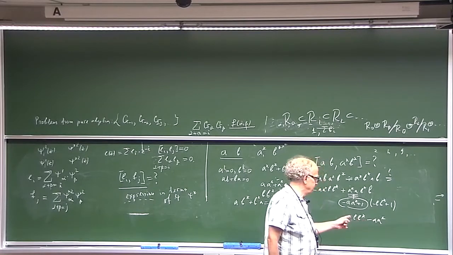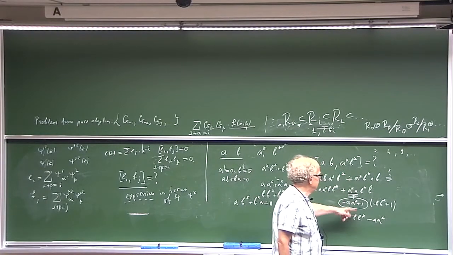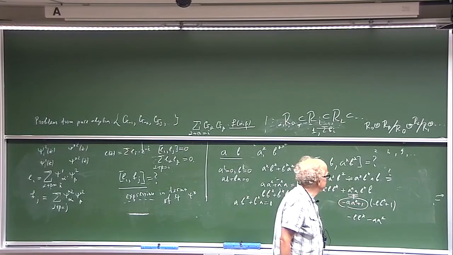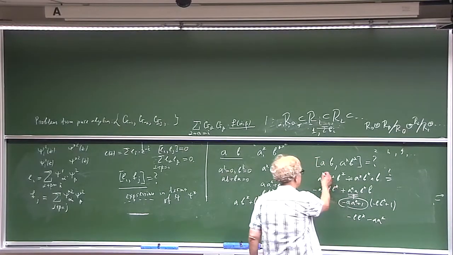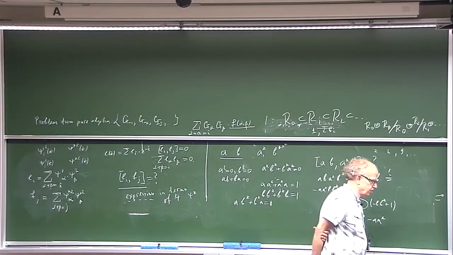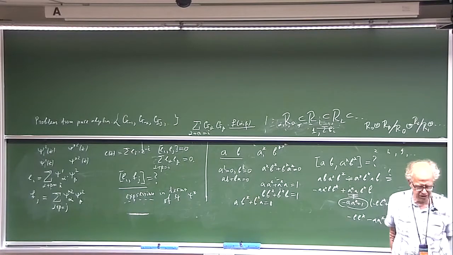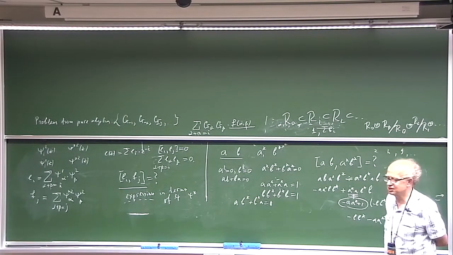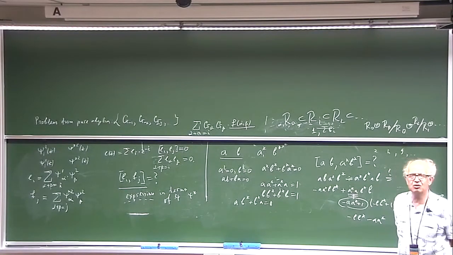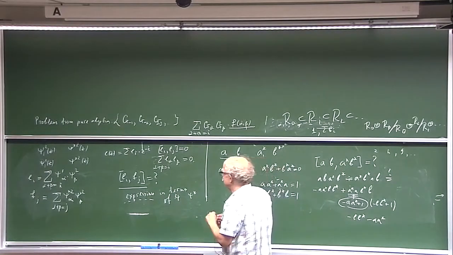But in general, the fact that if we have something quadratic and something quadratic, we cannot have terms of degree 4 and degree 3, is universal. And it will always be like this.